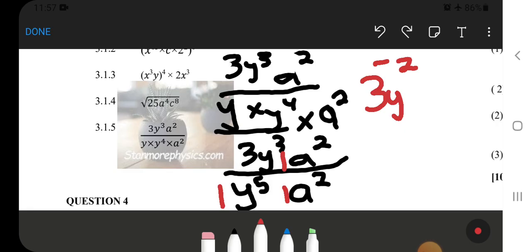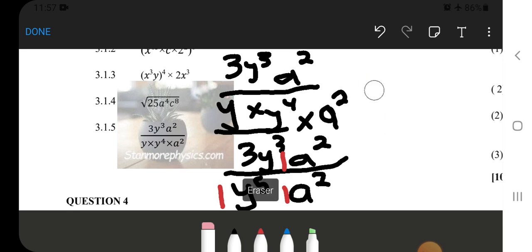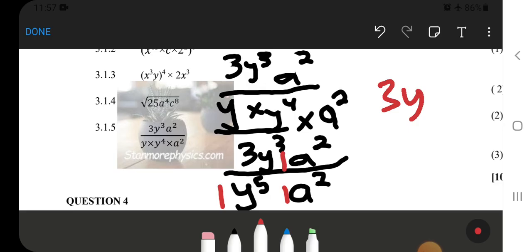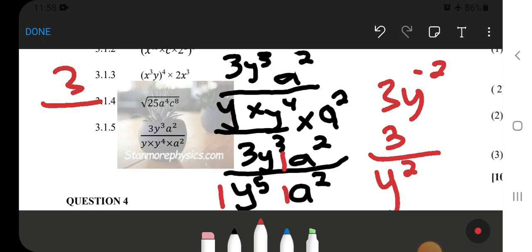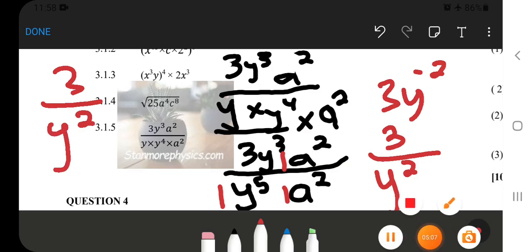Now we are left with 3y to the power of -2. We cannot have a negative exponent, so the 3 will come on top and the y will come at the bottom, so that it's not negative. So that is how you write it: 3 over y squared, just to get rid of the negative exponent.